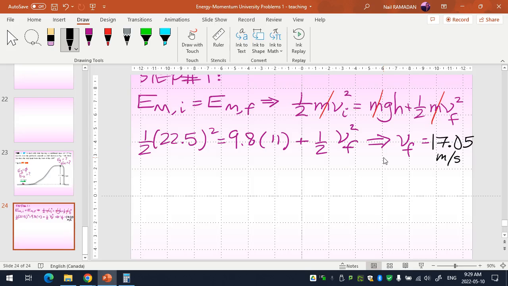I need projectile motion. How many equations do I have with projectile motion? Two: one for delta dy and one for delta dx. The problem is I can't use the delta dx one, which is what I want to find. I need to solve delta dy first.